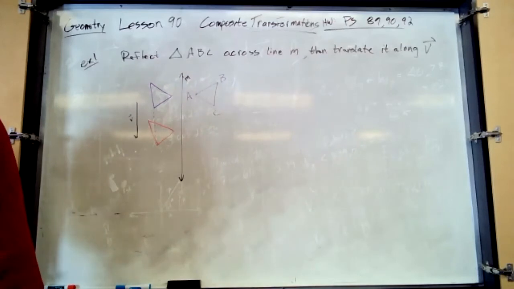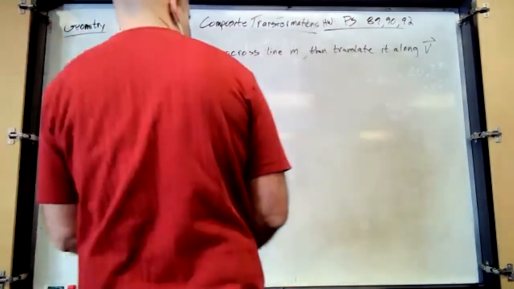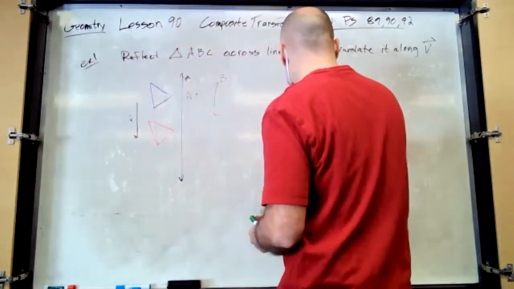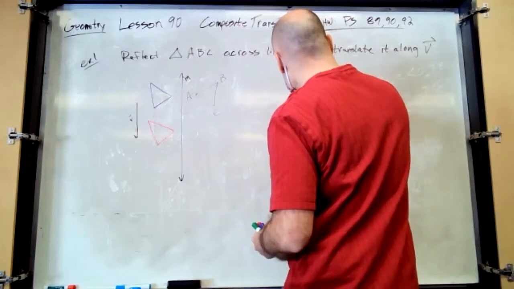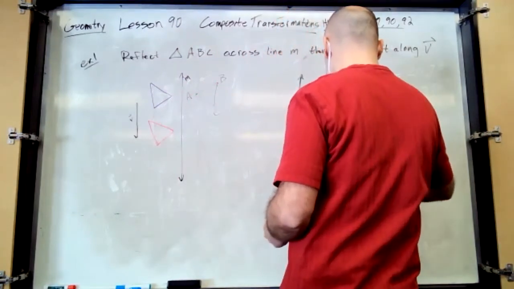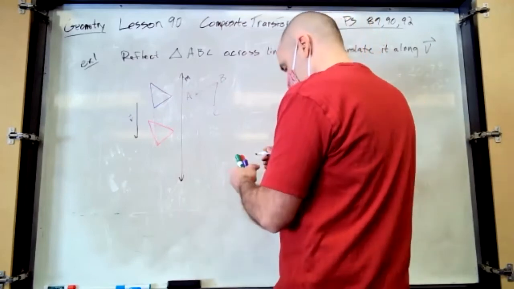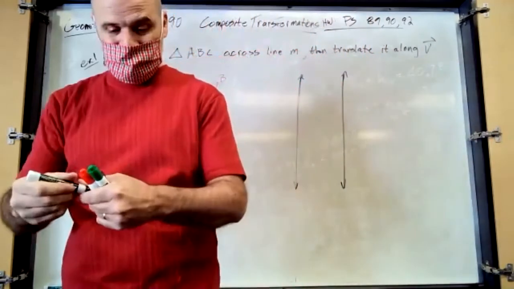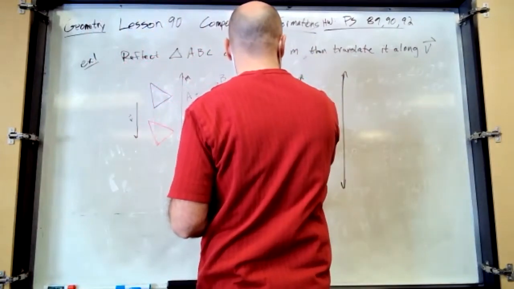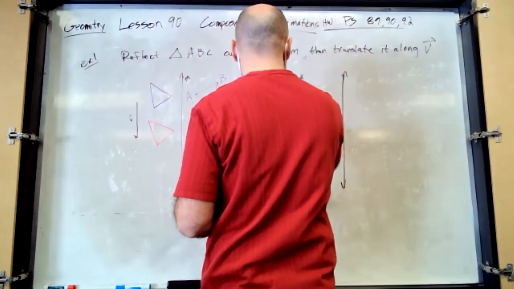A composition of two reflections across two parallel lines is a translation. So if I had two parallel lines, okay, and I wanted to do a reflection of like this triangle, let's do this, let's just do a trapezoid.